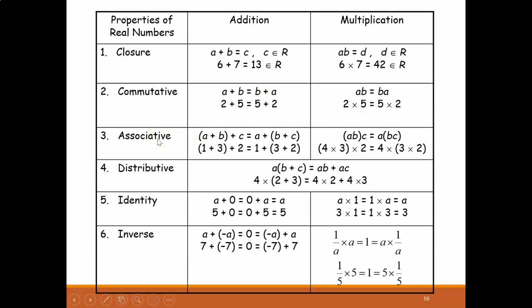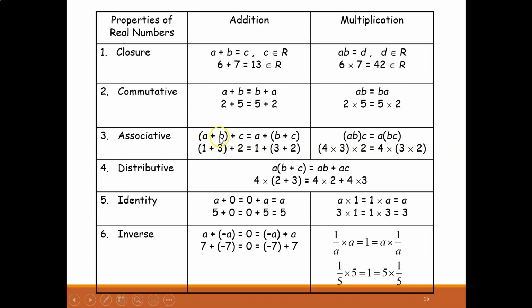But for the third one, you have associative. For associative, we play around with the bracket. Kita bermain dengan bracket. Commutative just now is kedudukan or the position. For the associative, we play around with the bracket. Okay, so let's see.